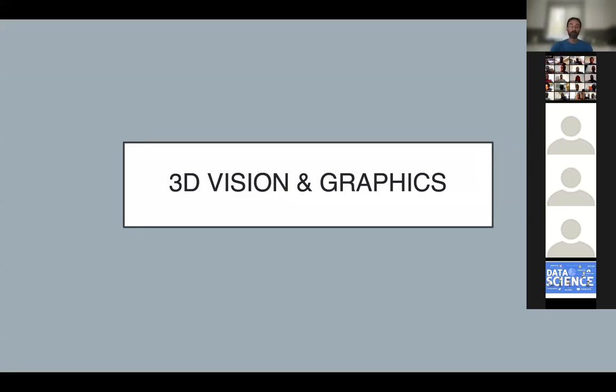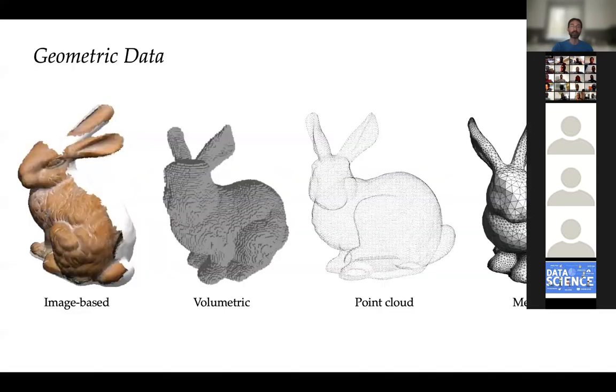I also mentioned some applications in vision and graphics, and this is related to our discussion about manifolds, right? With geometric data, you have multiple ways of representing your data. Of course you can think of it, for example, as volumes, and this might be useful in medical imaging where you're interested in what's inside.